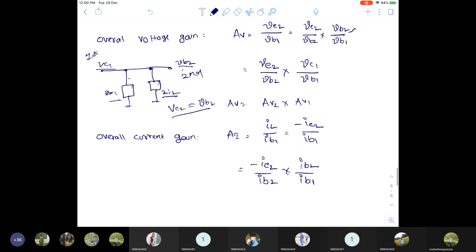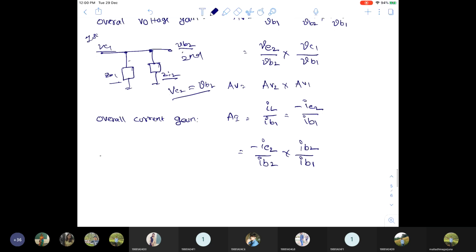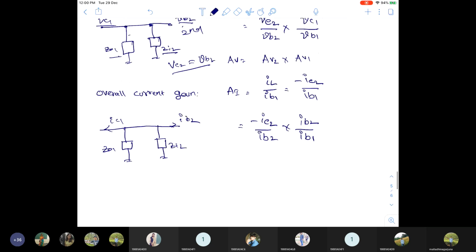This is Z01, this is Zi2, this current is IB2, and this current is IC1. Here IB2 is equal to, see the directions of the current, both are opposite.